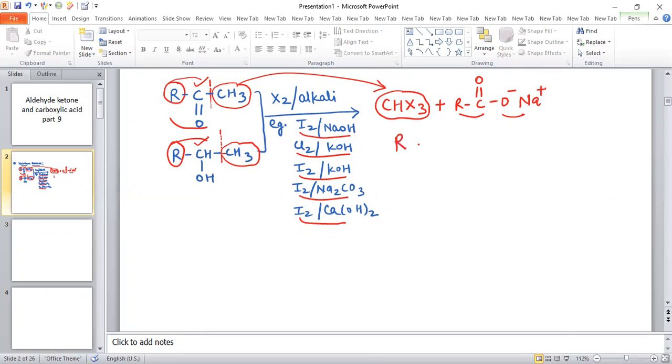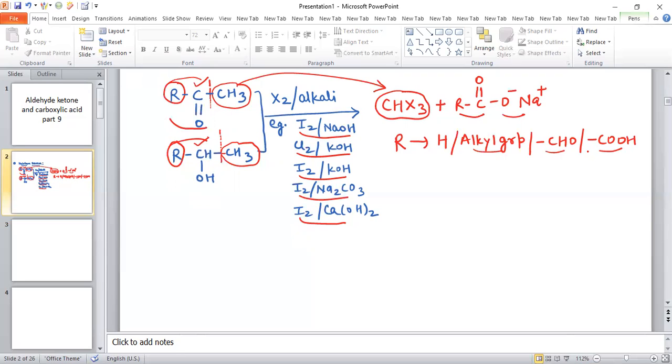This R group can be hydrogen, this R group can be an alkyl group, this R can be an aldehyde group, CHO, and this R can also be a carboxylic acid group.